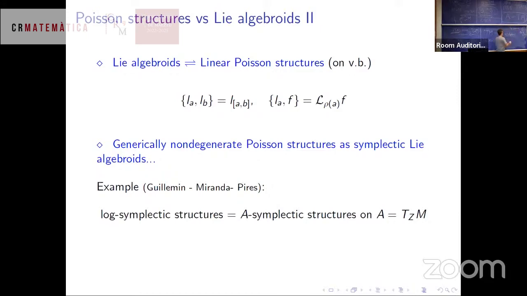Okay, and this also appeared with the name B symplectic in Jonathan's talk, and in the same talk it also appeared with the name B Poisson. It's kind of hard to keep track of all the different names for the same thing, but they're all the same thing.